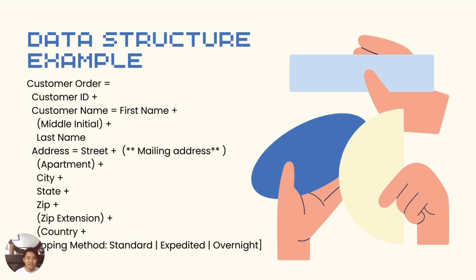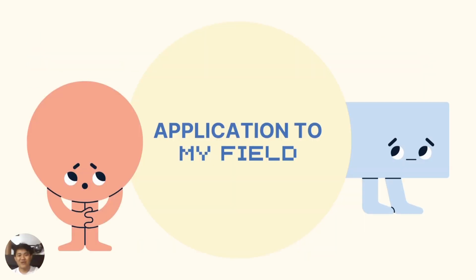It is in square brackets, which means you have options: the standard option for shipping method, or the expedited, or the overnight shipping method, stuff like that. Also, we have the comments there. Like the mailing address just says you could do a mailing address, it's optional.